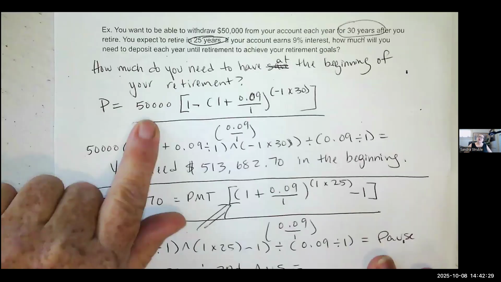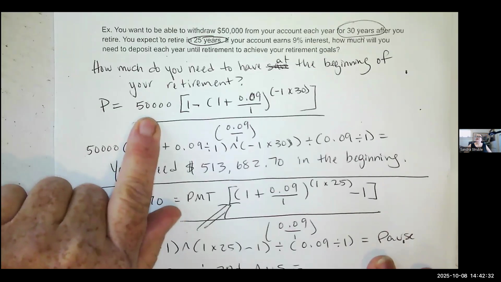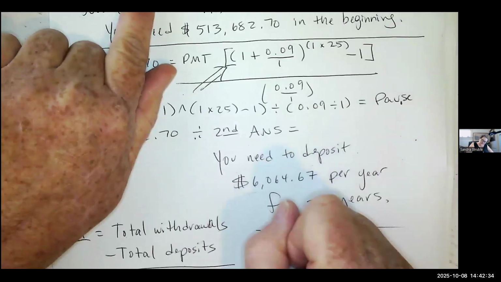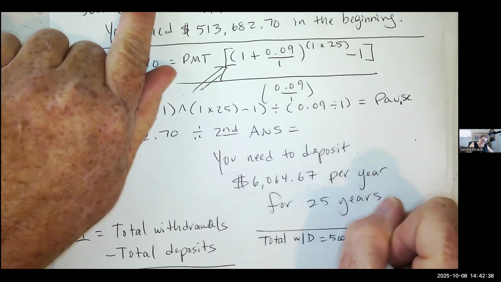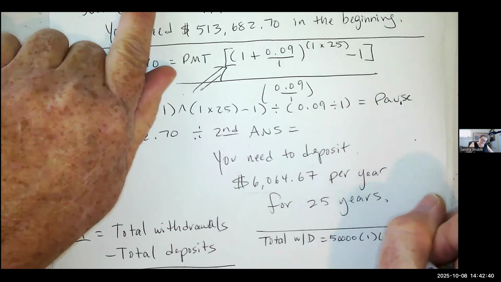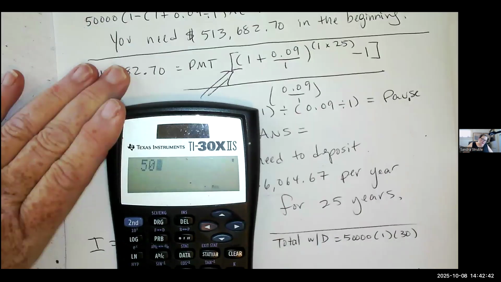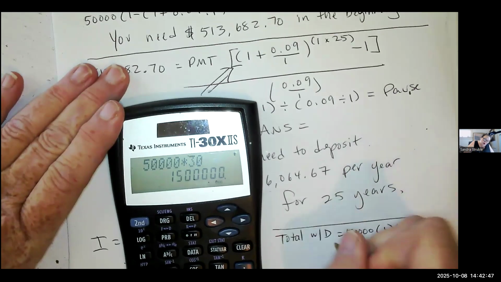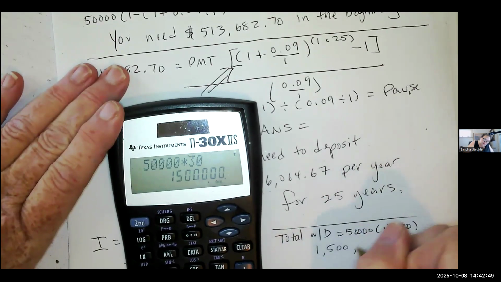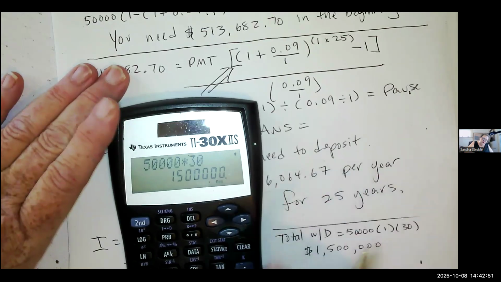So if you're withdrawing $50,000 a year for 30 years, you're withdrawing $1,500,000.